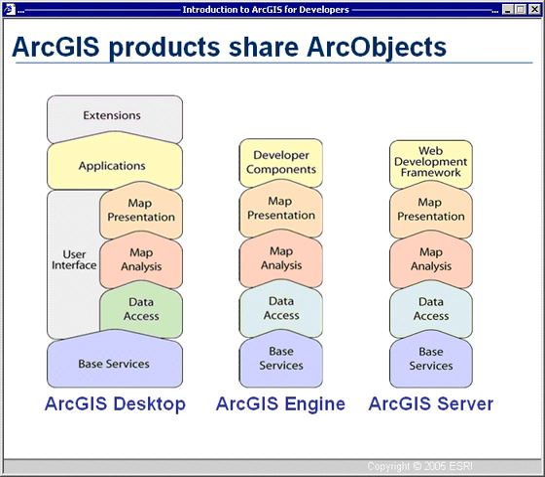If we look at ArcGIS Server, there are the same core categories of ArcObjects and a web developer framework for working with the ArcObjects on a server to build websites that expose the GIS functionality. These common ArcObjects categories contain the majority of ArcGIS functionality that we expose to end users and also make available to developers.